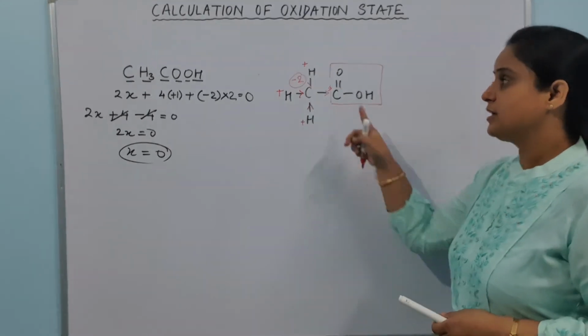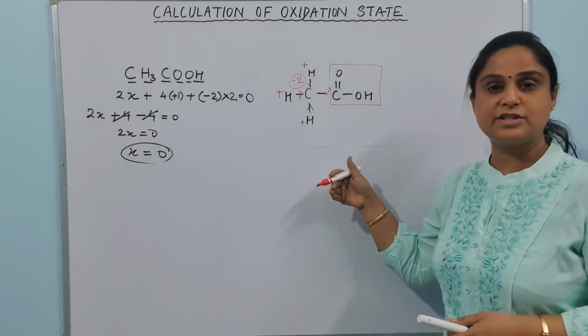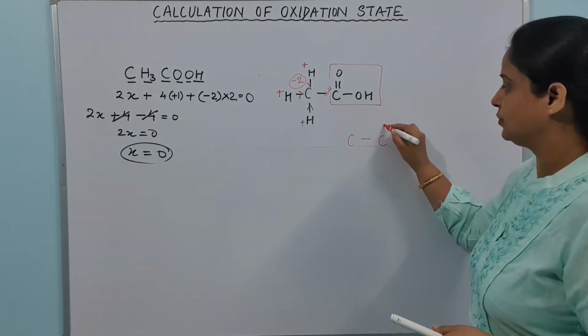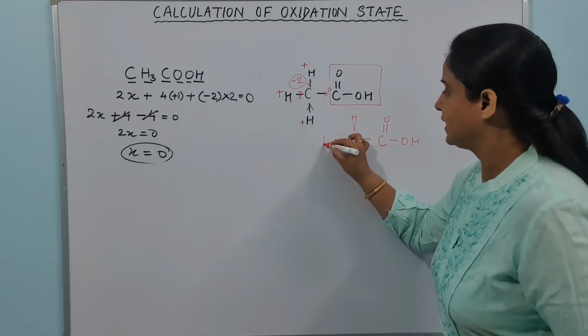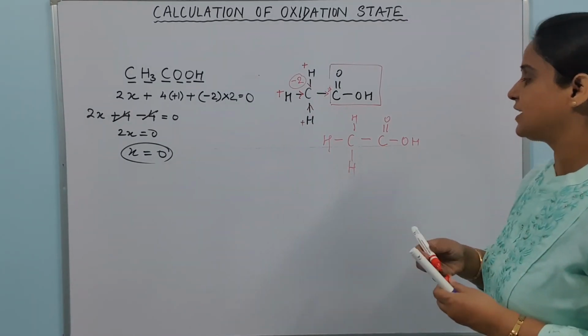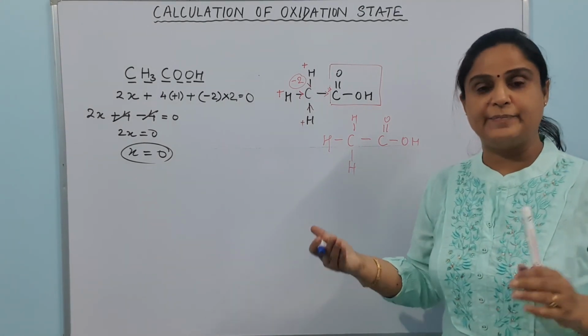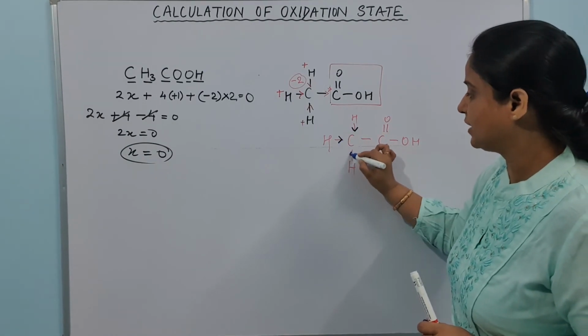What about this? On this carbon, what is the charge? So let us find it out. I am drawing the structure again so that you can understand it in a better way. So this is 1, 2, O, O, H, H, H and H. Now let us understand it again. If I consider it in a new way, what is happening here? Again I am doing the same. 1, 1 and 1.